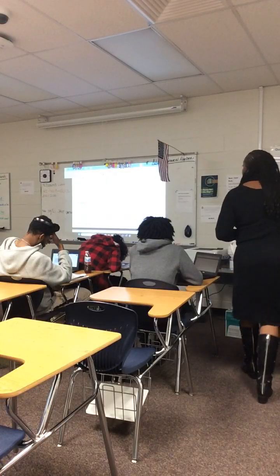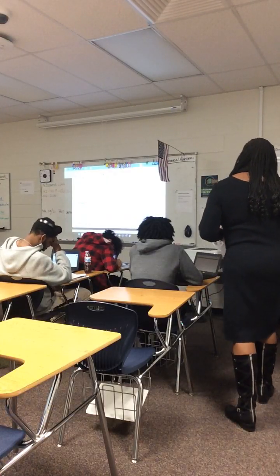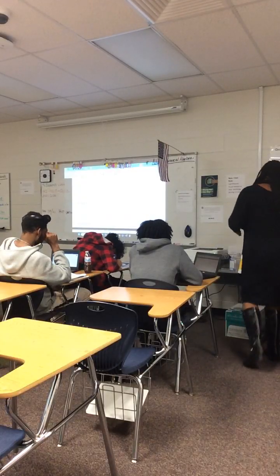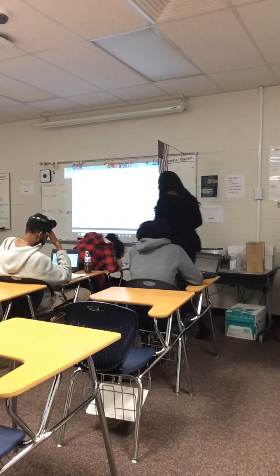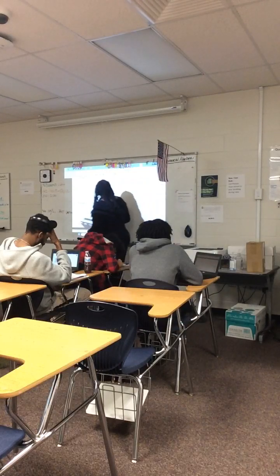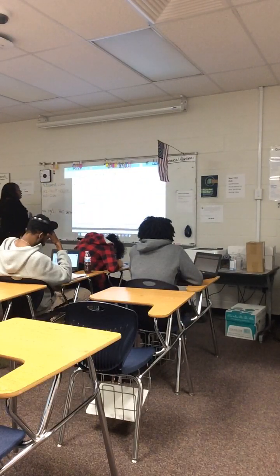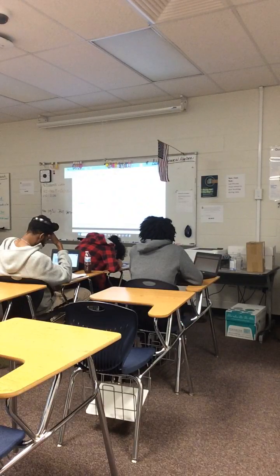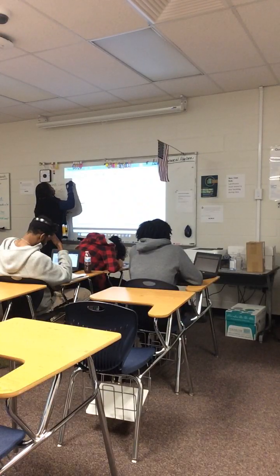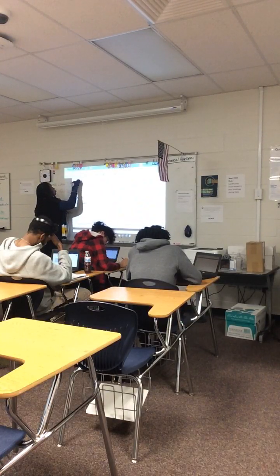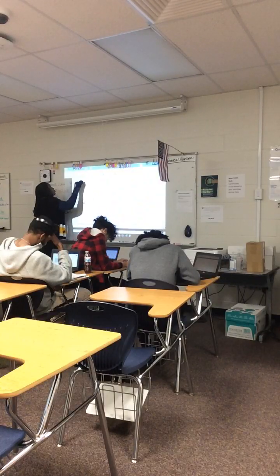Number 4 says the straight line depreciation equation for a luxury car is y equals negative 3,400x plus $85,000. So straight line depreciation formula, y equals mx plus b. This is the formula.